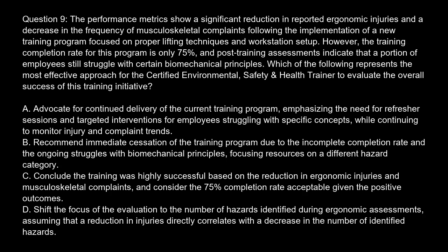Option C. Conclude the training was highly successful based on the reduction in ergonomic injuries and musculoskeletal complaints, and consider the 75% completion rate acceptable given the positive outcomes. Option D. Shift the focus of the evaluation to the number of hazards identified during ergonomic assessments, assuming that a reduction in injuries directly correlates with a decrease in the number of identified hazards.